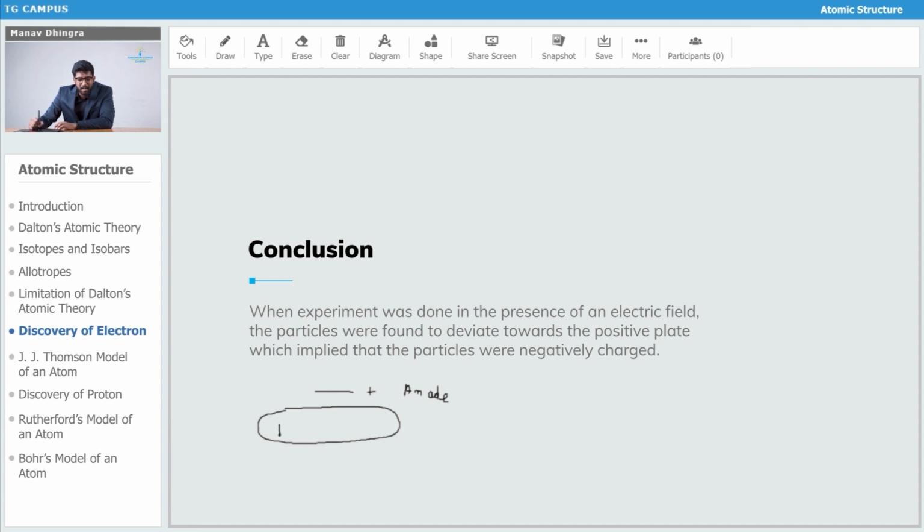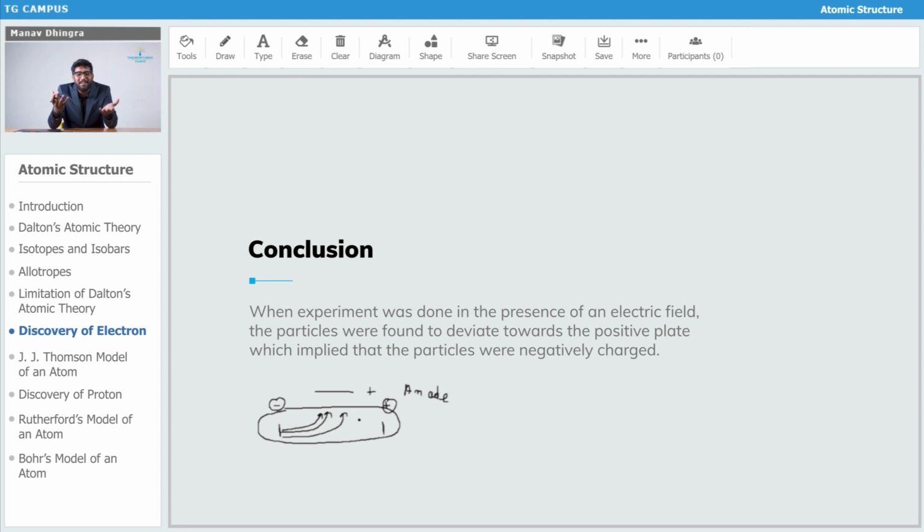So the electrons that were moving from cathode to anode were deflected towards the positive side of the electric field, and that's how we came to know that the charge on the cathode ray was negative.